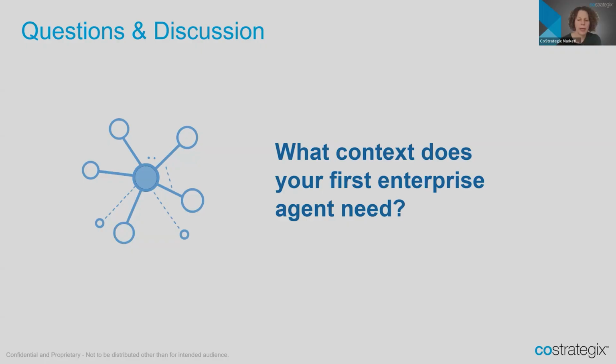Okay, we had another question come in. Some people say that context engineering is just advanced prompt engineering. What's your opinion on that? You can say, hey, use it in this form.